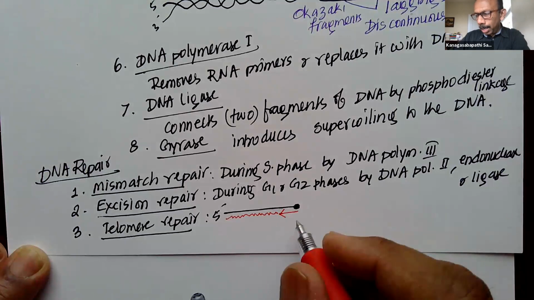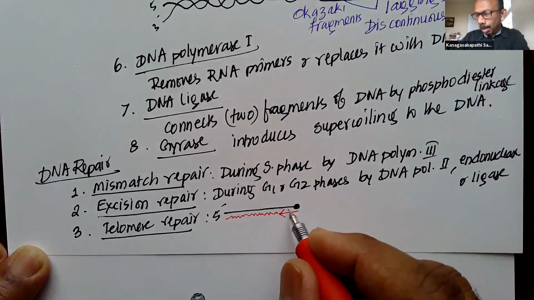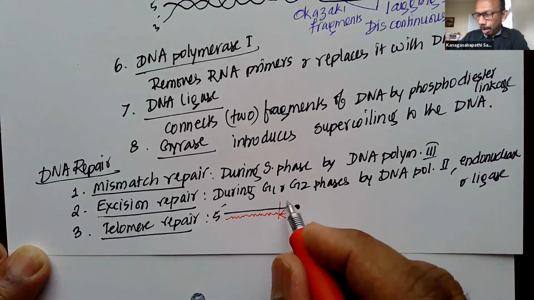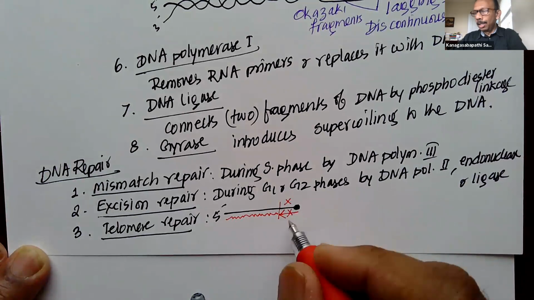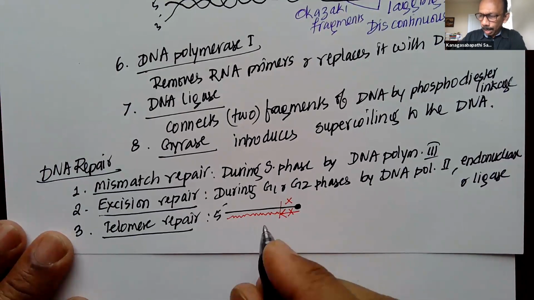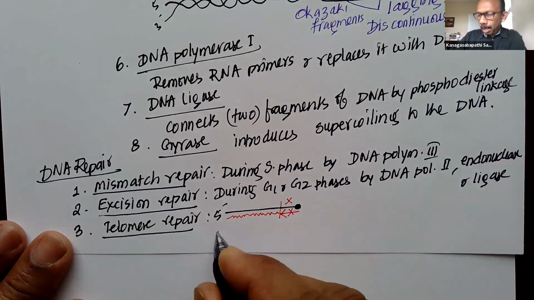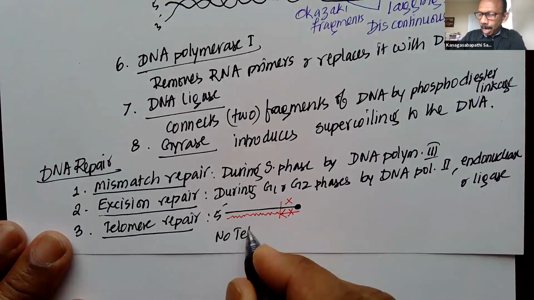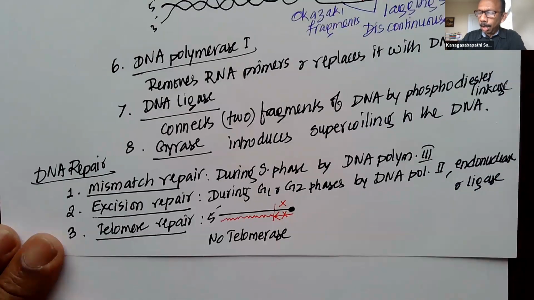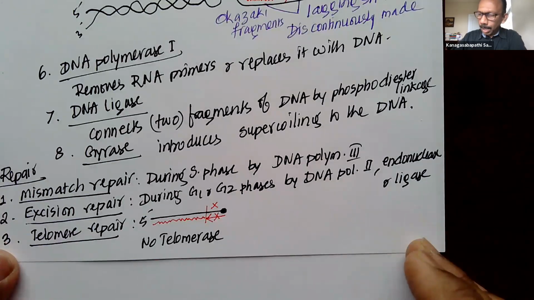So when the DNA polymerase 1 comes in and removes this RNA primer, there is no place to come back to complete. So this part is also degraded. The telomere gets shorter and shorter and shorter. Okay. And this is without any telomerase enzyme that would protect it.